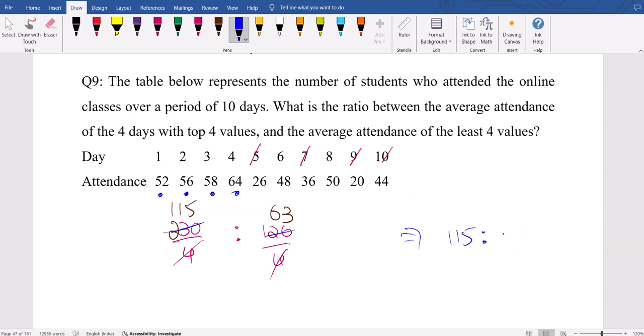Is it divisible by 7? This is 7 nines. Okay, it's not divisible by 9 or 3. It cannot cancel with 7. So it's 115 and 63. Yeah, that's addition. 230 divided by 4. This is 1.6 divided by 4.